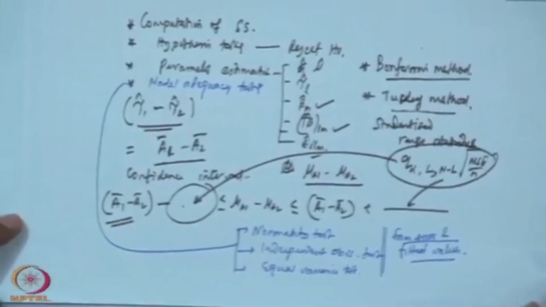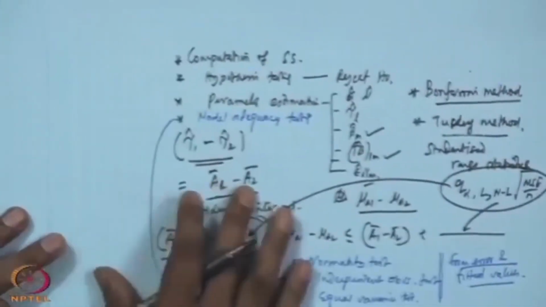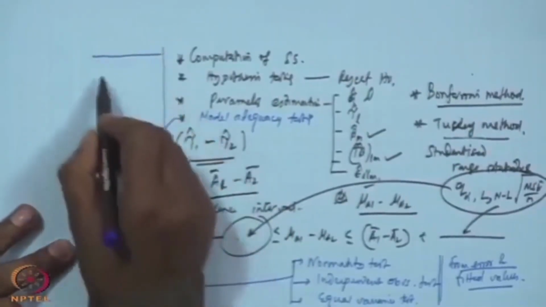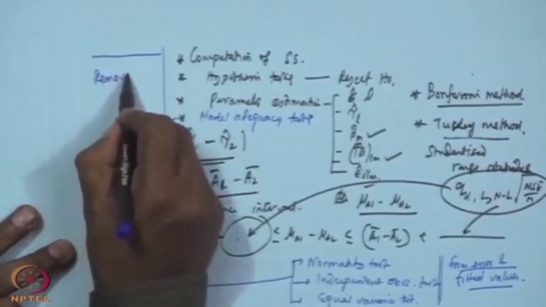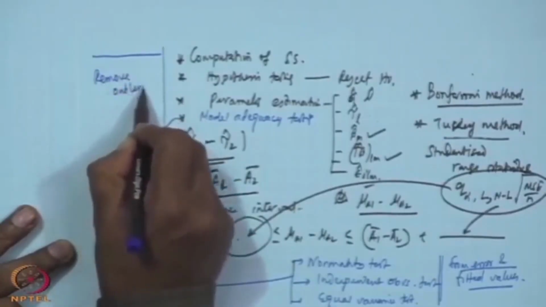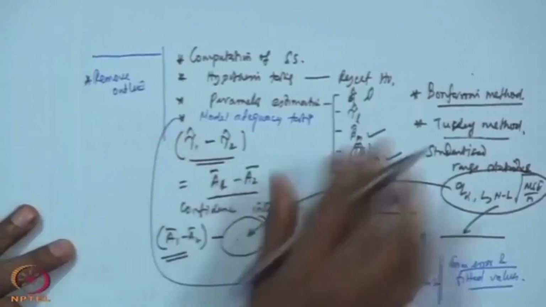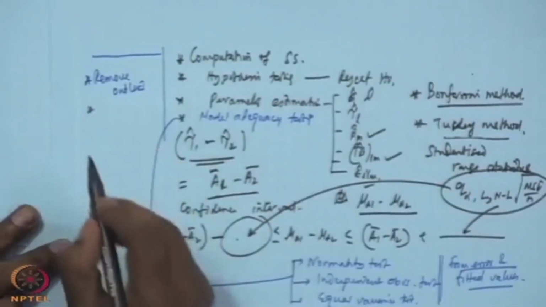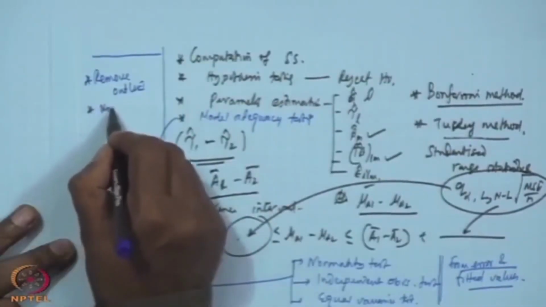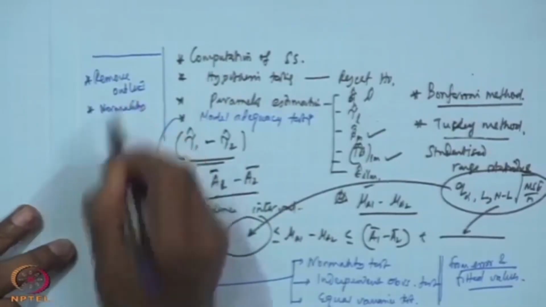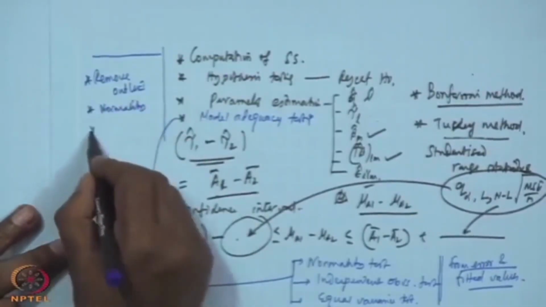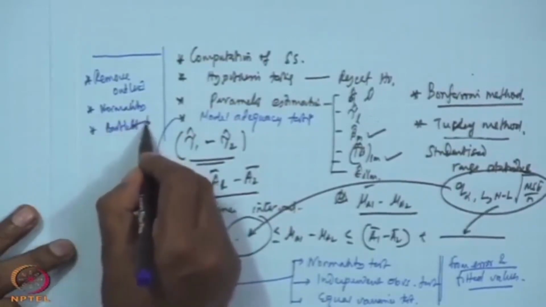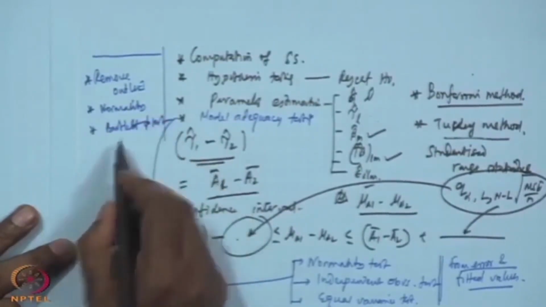Please also remember that when you get a data set, it is always advisable to remove outliers before fitting models. Then you test the normality of the data, and you go for the Bartlett test for equal variance.